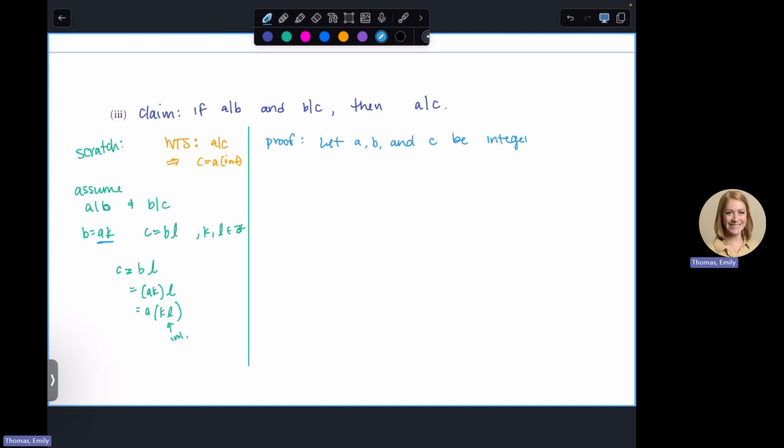So to do the proof, we're going to let A, B, and C be integers and A is not 0. What do we want to do from here?